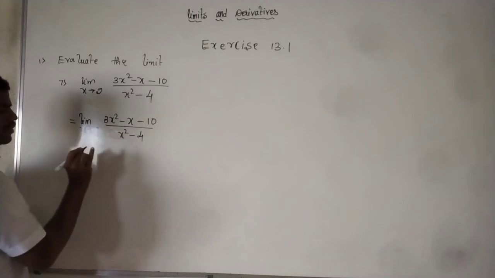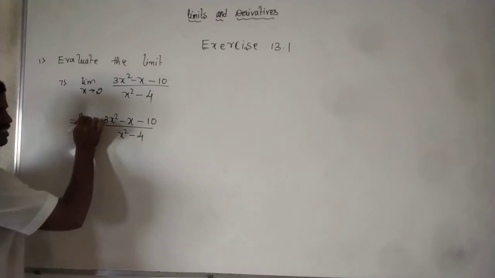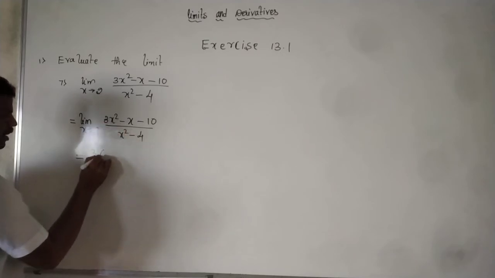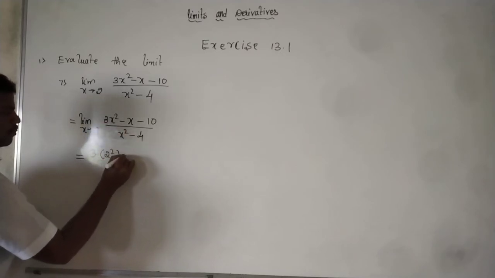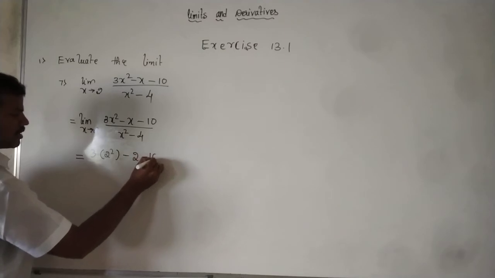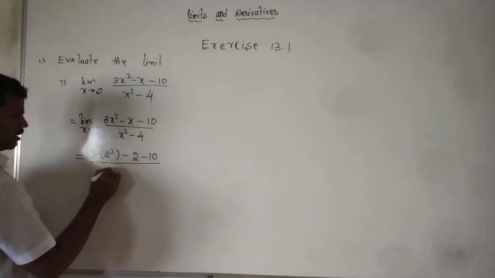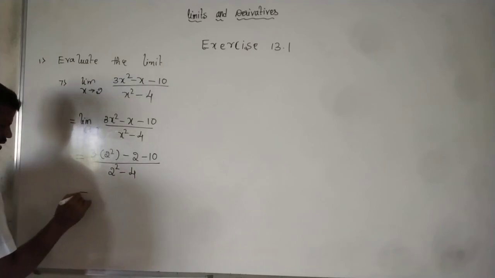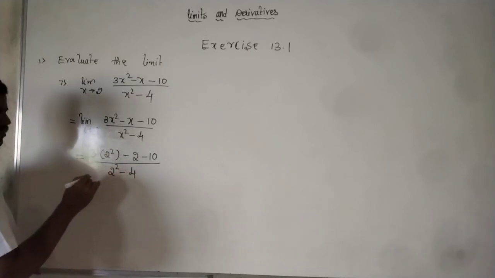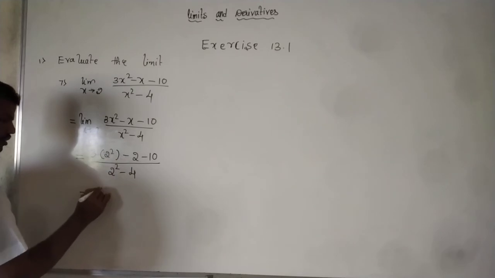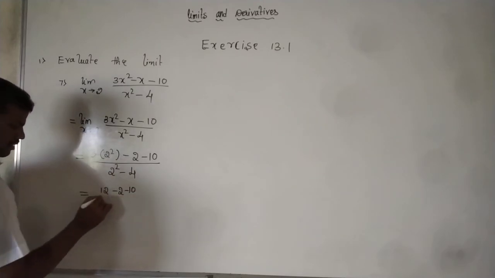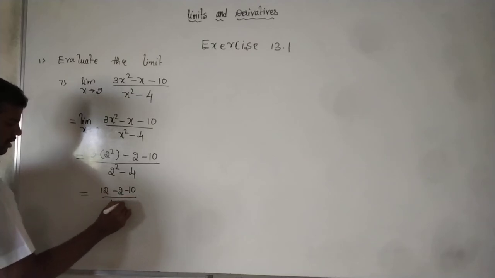So after filling in the limit, don't use this symbol, that is very important. 3 into 2 square minus 2 minus 10 divided by 2 square minus 4 is equal to 12 minus 2 minus 10 divided by 4 minus 4.